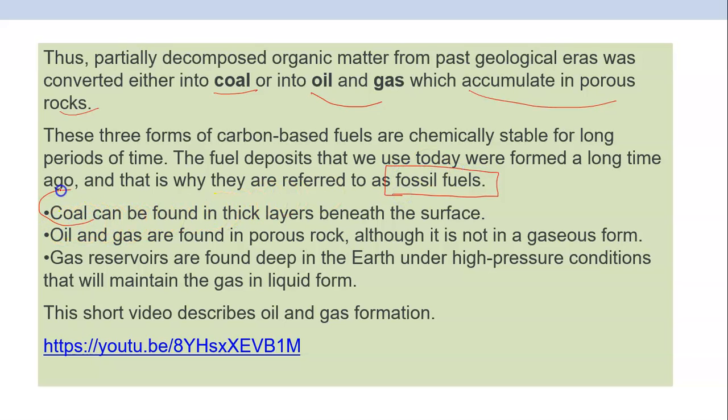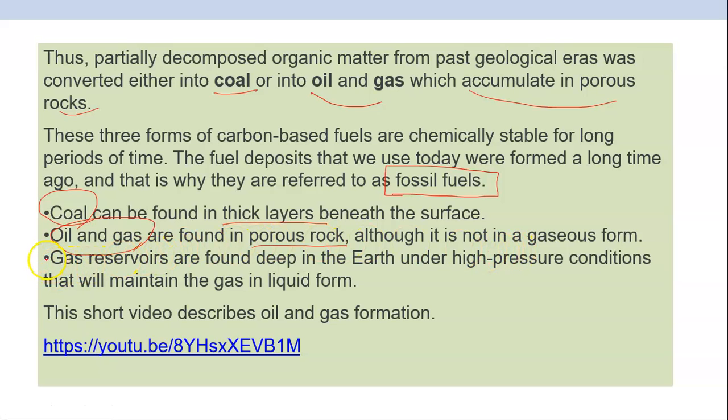Coal, the first one, can be found in thick layers beneath the surface. Oil and gas are found in porous rock, although not in a gaseous form. Even though we call it gas, it's liquid.